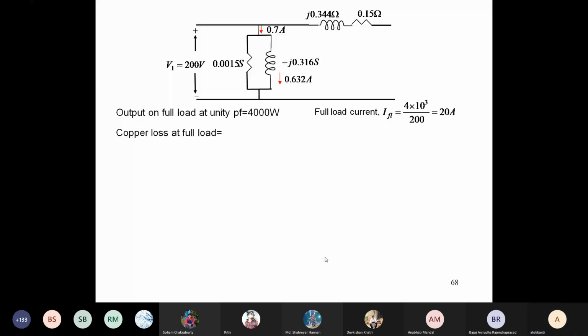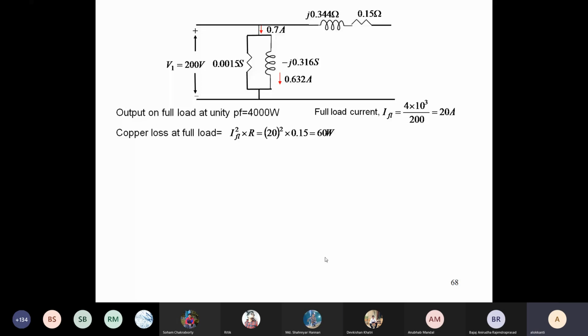So you need to calculate the copper loss at that load. Sometimes there may be 10% overload, 10% more than the full load also. The equipments are designed to carry a little bit more current also. In that case, you will have to find out what is the actual loss taking place. So you will have to actually do the I square R. Okay, sir. So the copper loss is simply equal to I square R, which is equal to 60 watts.